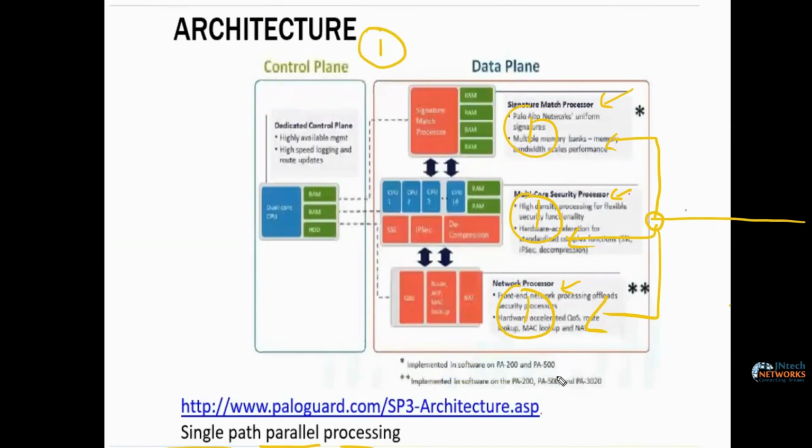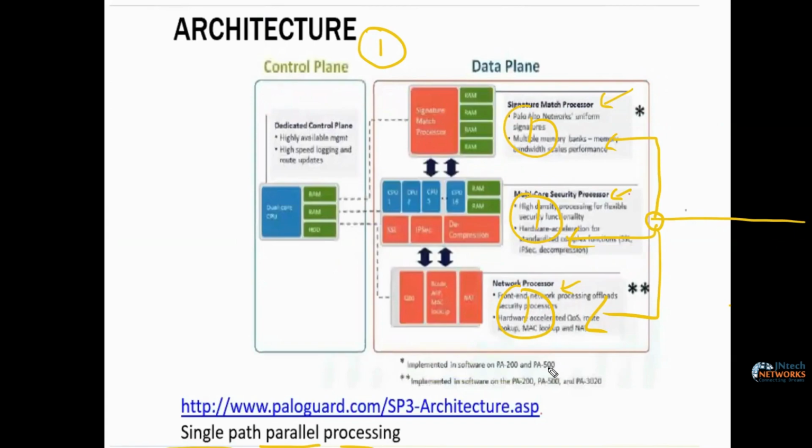Right, Mustafa? Veer, Jatinder? Yes. Mustafa, can you hear me? As of now, only Palo Alto is giving this feature, right? No, Jatinder. Every vendor is using it now, but this architecture was developed by Palo Alto. I worked with Fortinet, but at that time it was not there in Fortinet. Now every device uses this kind of architecture.